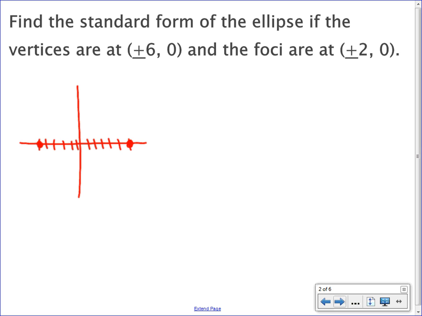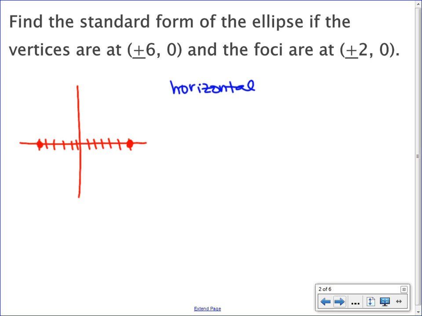From this alone, we know that our ellipse is horizontal or vertical? Horizontal. When they give us the vertices, they mean major vertices. So since they're horizontally apart, we're horizontal.